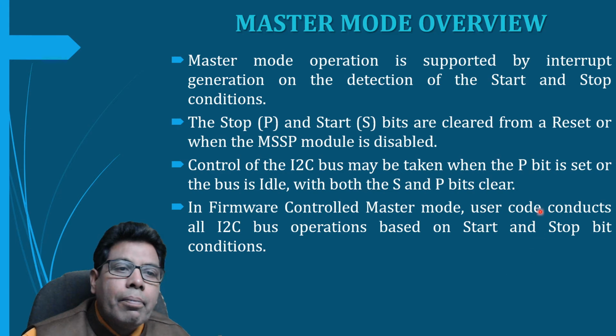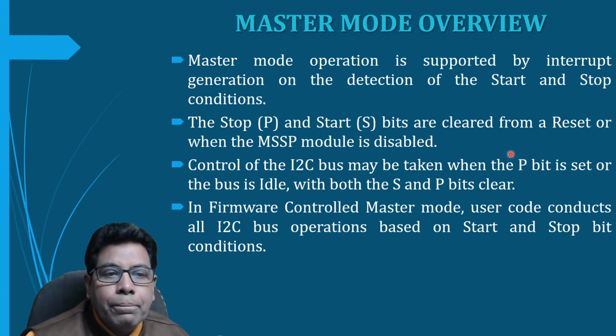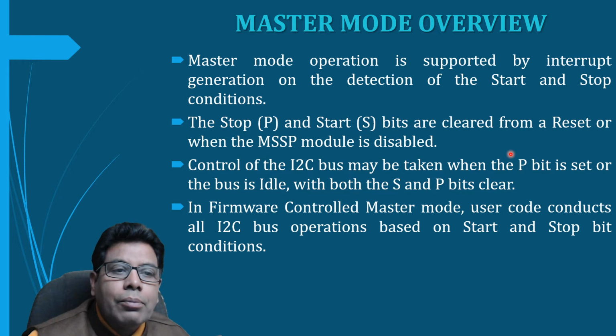The stop bit is P and the start bit is S. They are cleared from a reset or when the MSSP module is disabled. So we have to enable them with the help of what we have discussed just now.